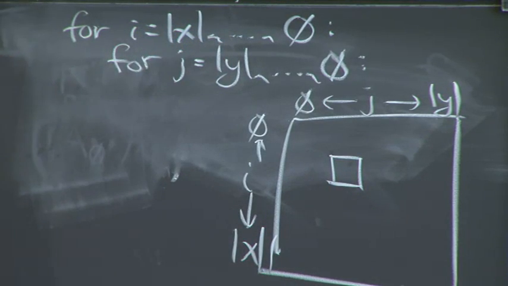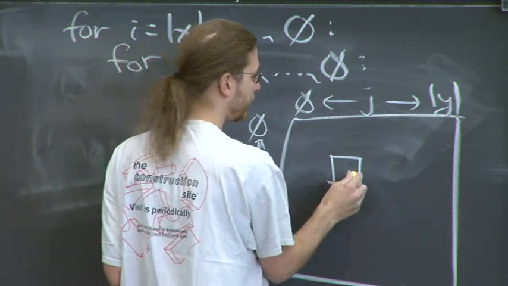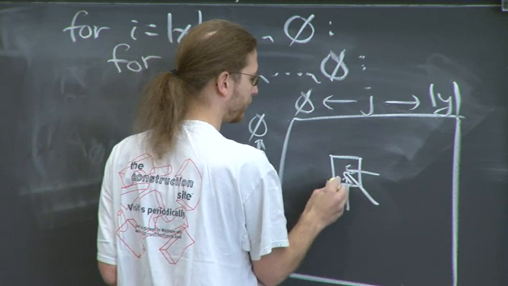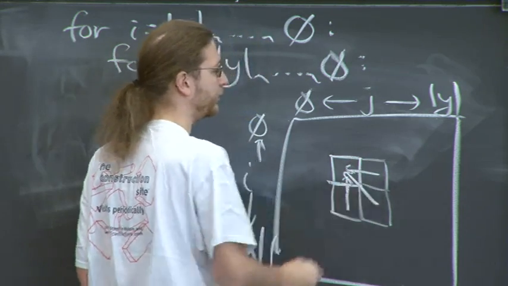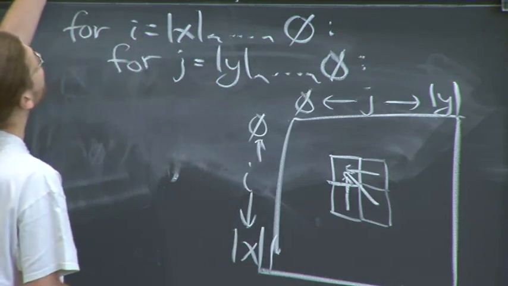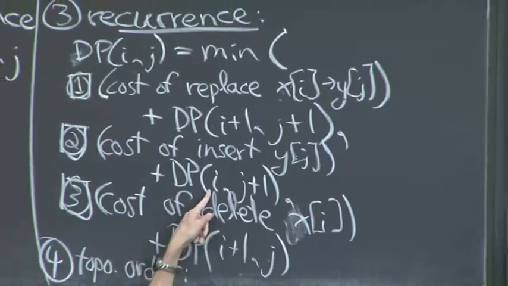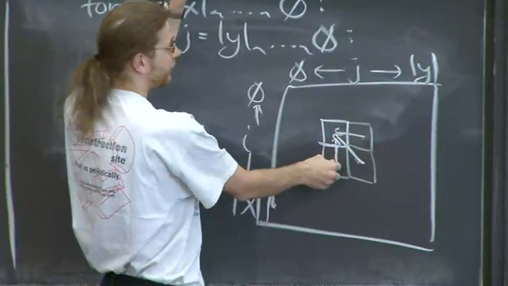That's one of our subproblems, dp of i, j. And it depends on these three adjacent cells. Okay, the edges are like this. If you look at it, we have to check i plus 1, j plus 1, that's this guy. We have to check i, j plus 1, that's this guy. We have to check i plus 1, j, that's this guy.